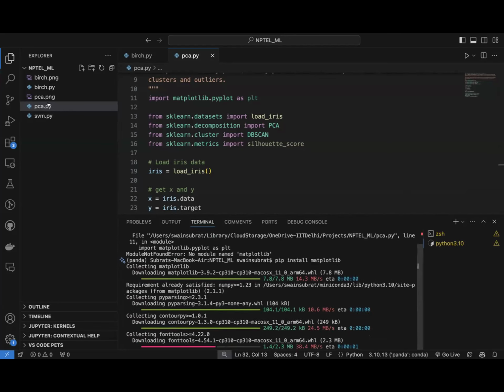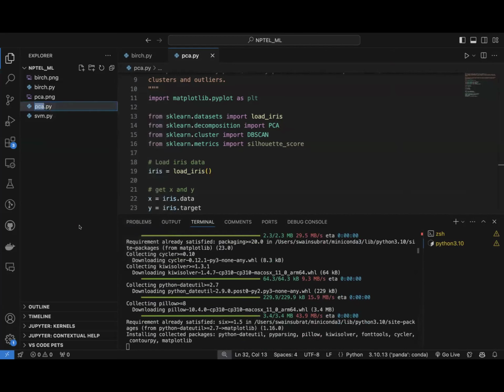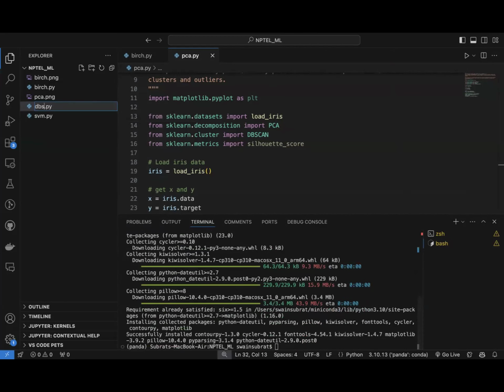It should be renamed to dbscan.py, right? This also, dbscan. Thanks.